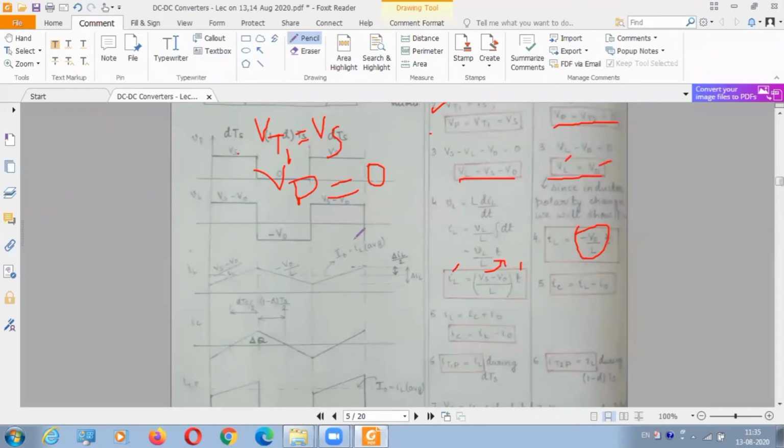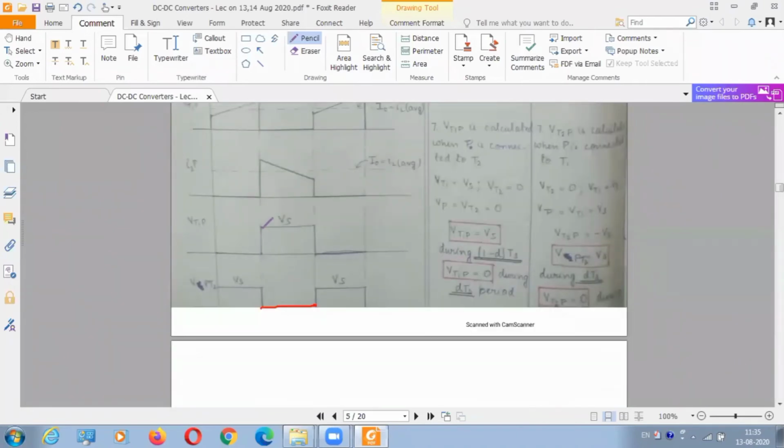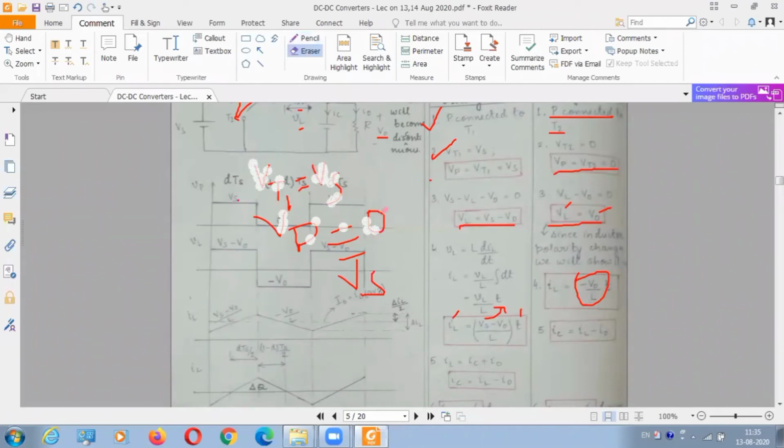Vs minus 0 is equal to Vs. So I have drawn over here Vs. Then again the same cycle continues. So this is the off and on period in total.